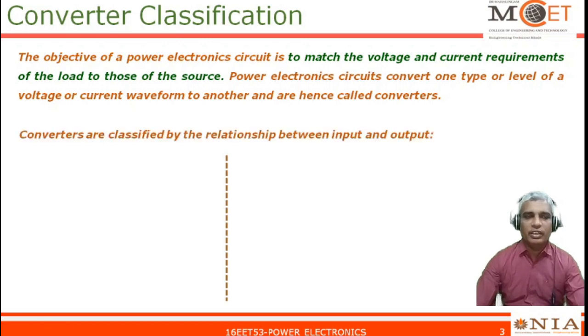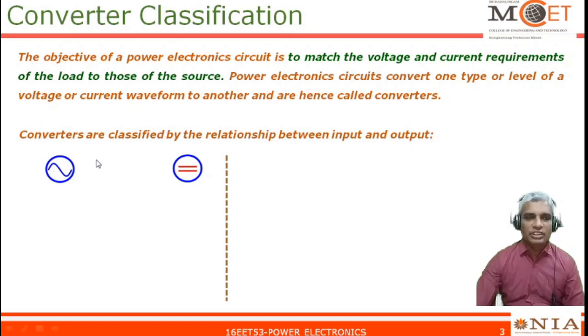The power electronic converters are classified by the relationship between the input and output. Now let us assume that we have an AC source which may be fixed or variable in nature, and we have a DC load. The load may require a fixed voltage or a variable voltage.